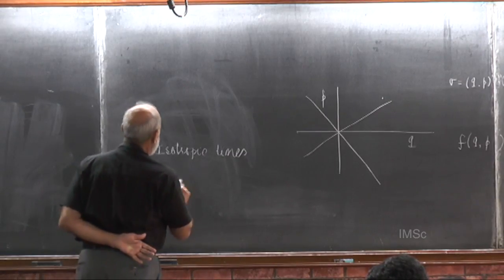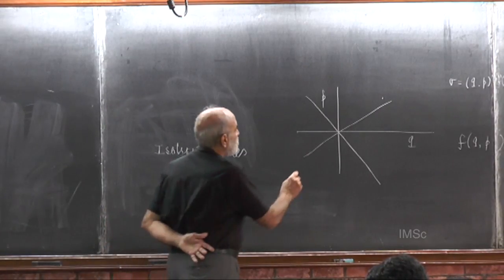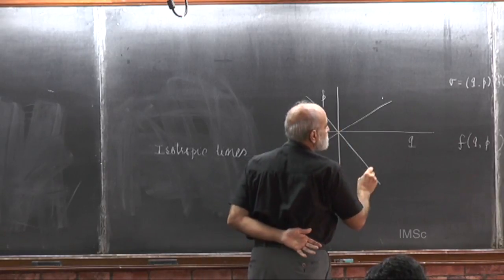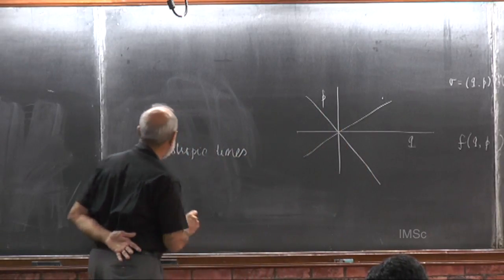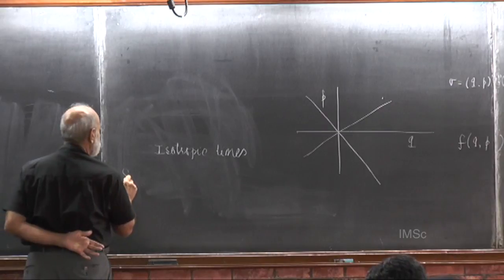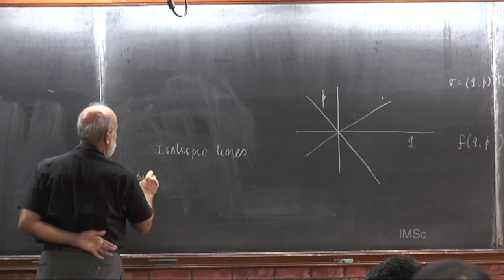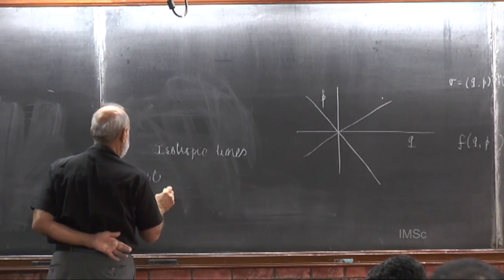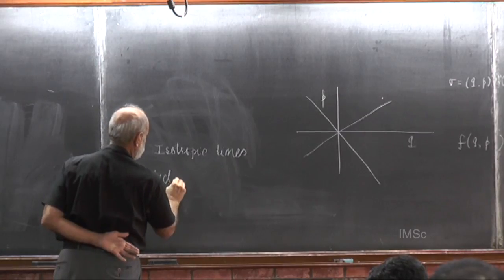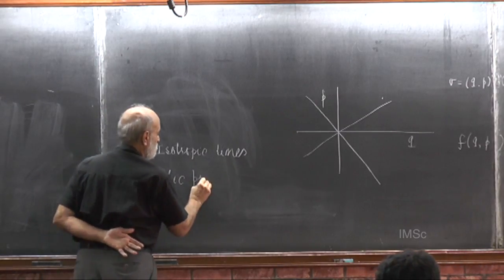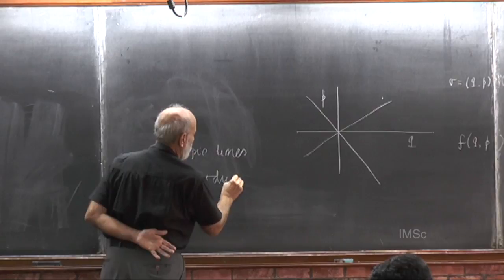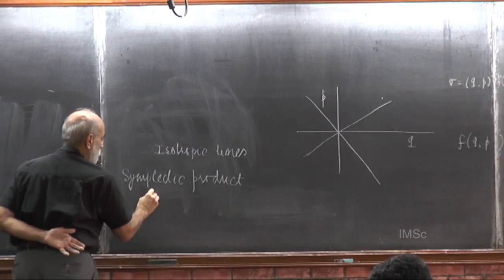Or also isotropic lines. There is another notion available on the phase space, which is called a symplectic product. And that is defined in the following way.